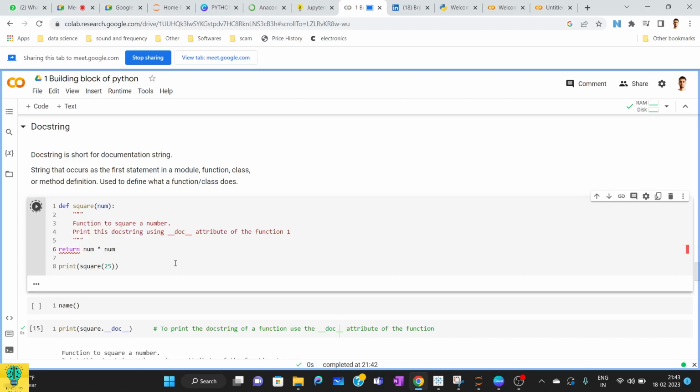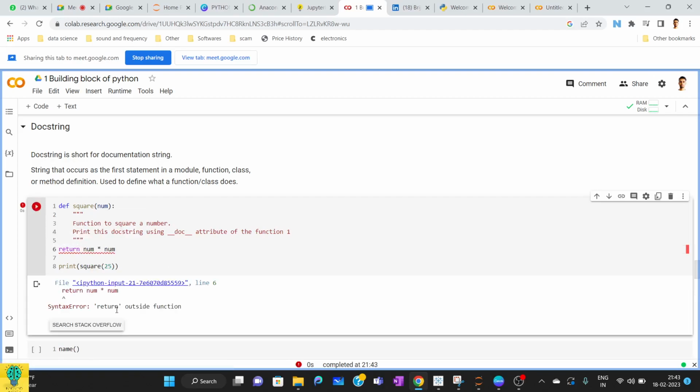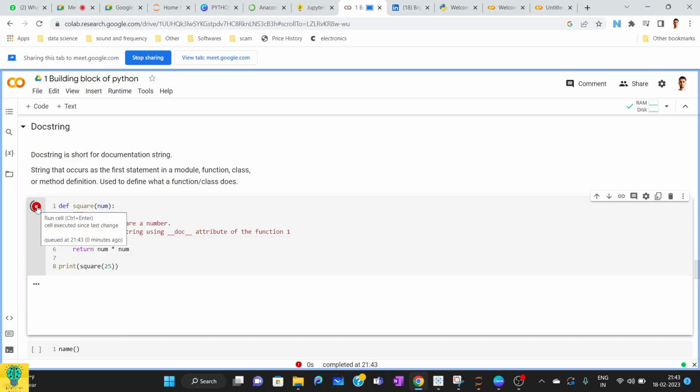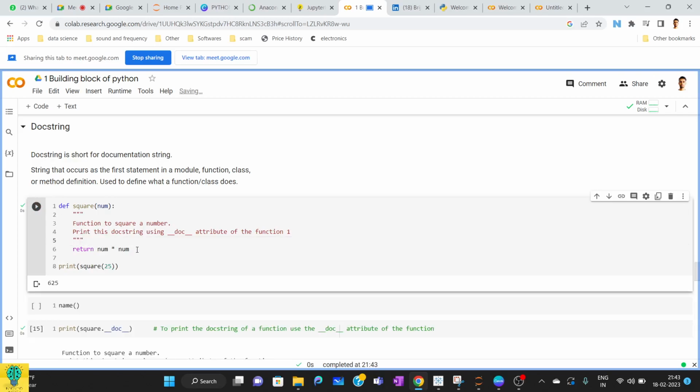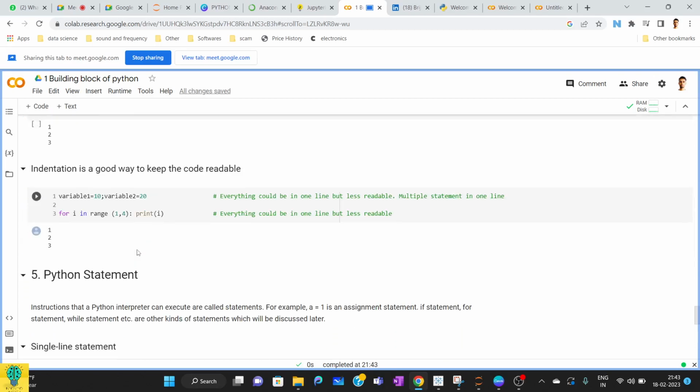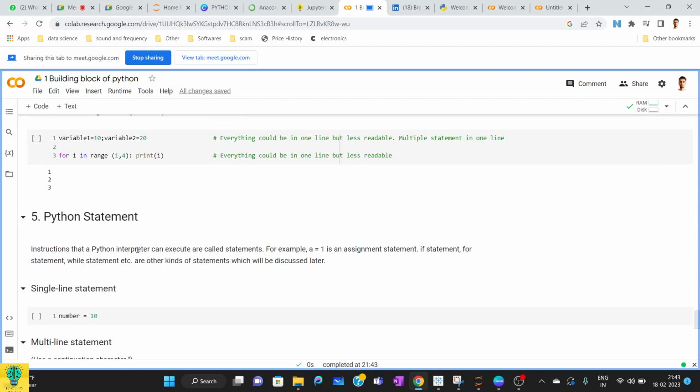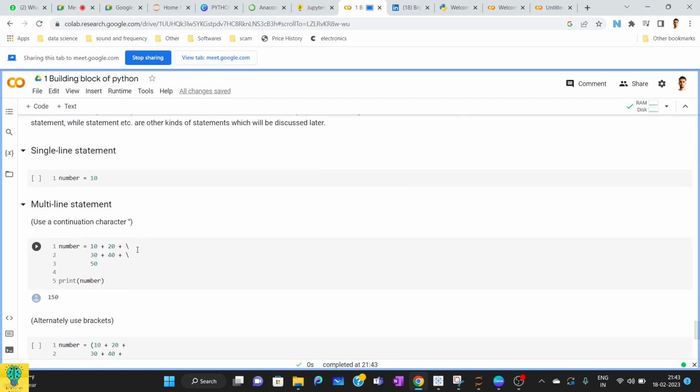It will give us an indentation error. Outside the function means it is coming outside of the square, but we want it inside the function, so that it stays in the function. Now if I run it, it is going to give us the result. So indentation is very important when you are going to write any code.